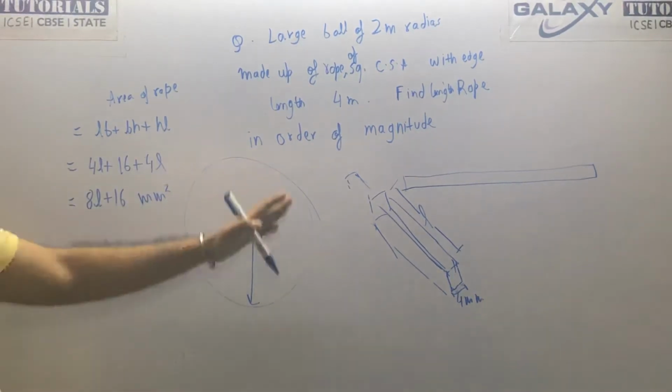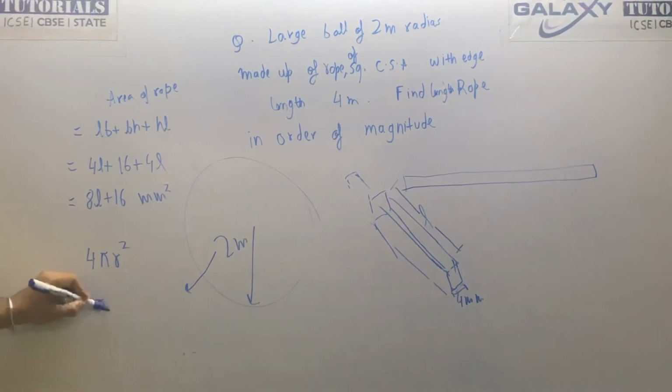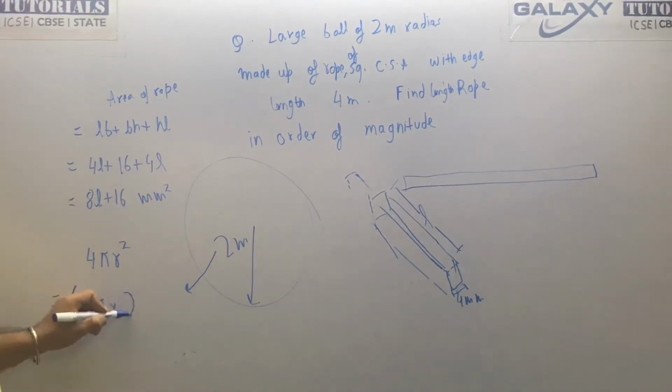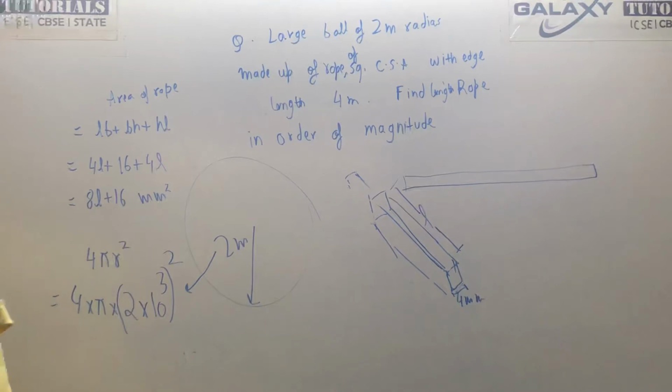What is the area of the sphere? Area of the sphere is 4 pi r squared. Now just put in the values: 4 into pi into r squared. Since r is in meters, we convert it into mm, so it will be 2 into 10 raised to the power 3, whole squared.